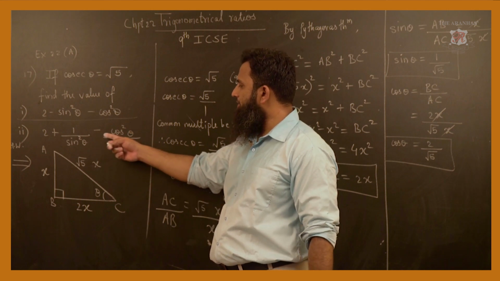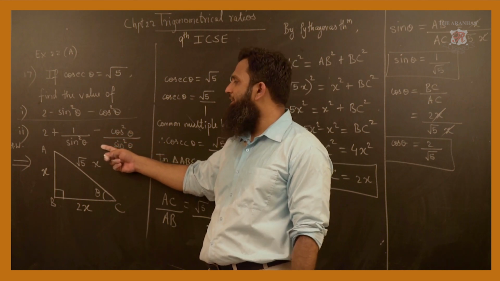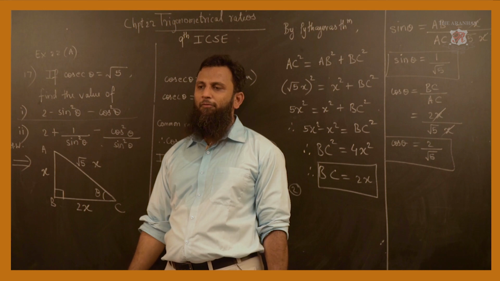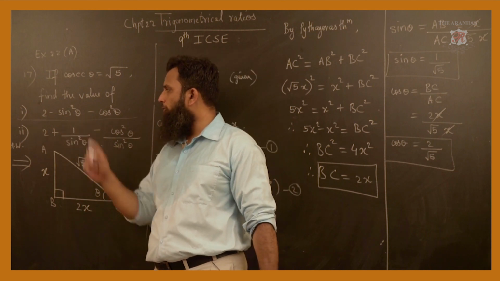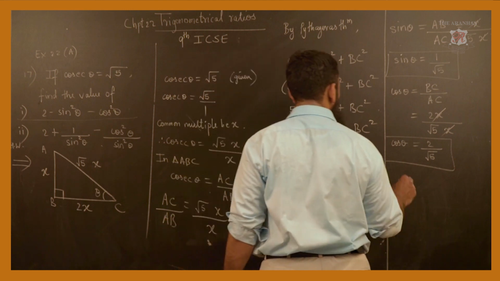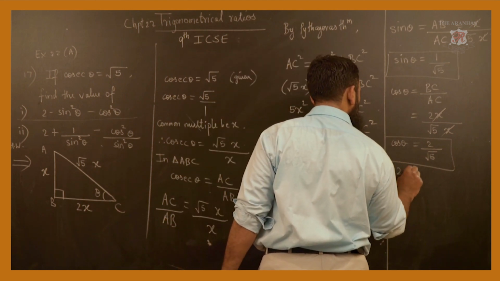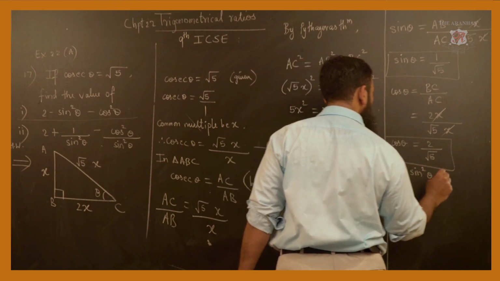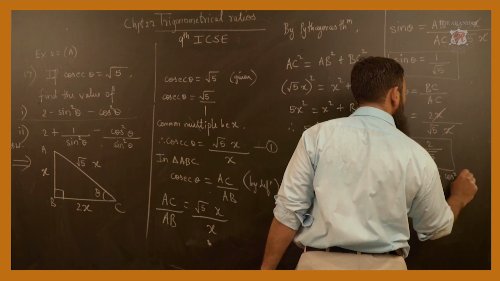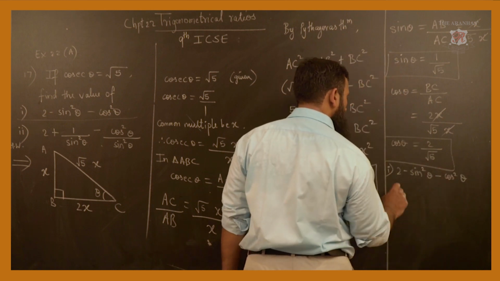So now sin theta is there with us, cos theta is there. Students, you can solve your home assignment very easily because more than 50% of your task is completed. You have to just substitute the values. So I will go for the first one, 2 minus sin square theta minus cos square theta.